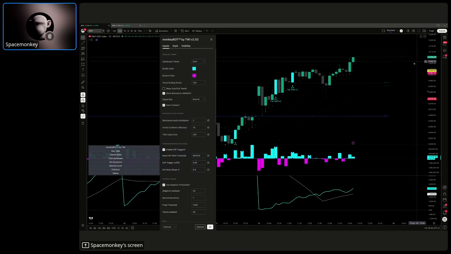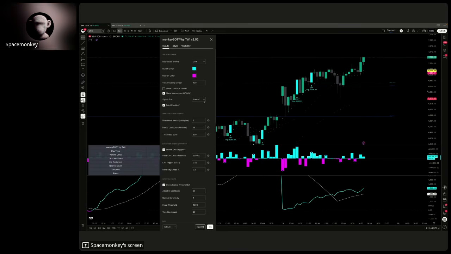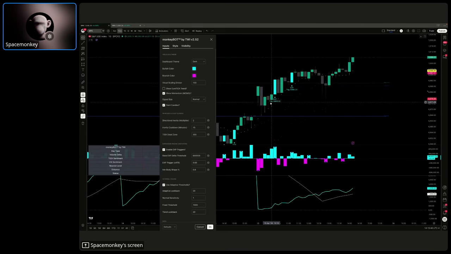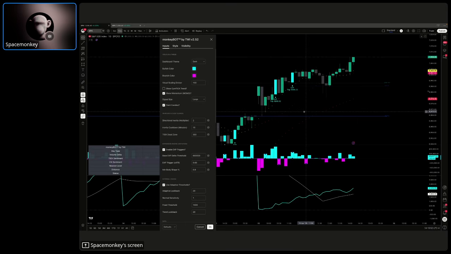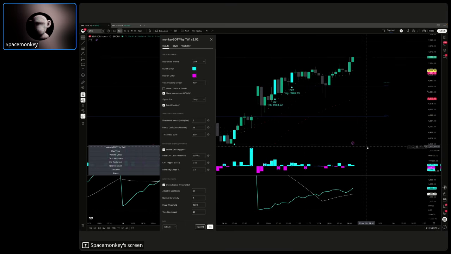SPX new all-time highs here. Do you want to change what is the bullish color? What is the bearish color? And it will change throughout the entire indicator for you. The signal size. So you see these arrows, and it says EXP. You could change the size of these. So if these are too small for you, we can make them bigger. Okay, so just a few accessibility settings that you could adjust according to what feels right for you.